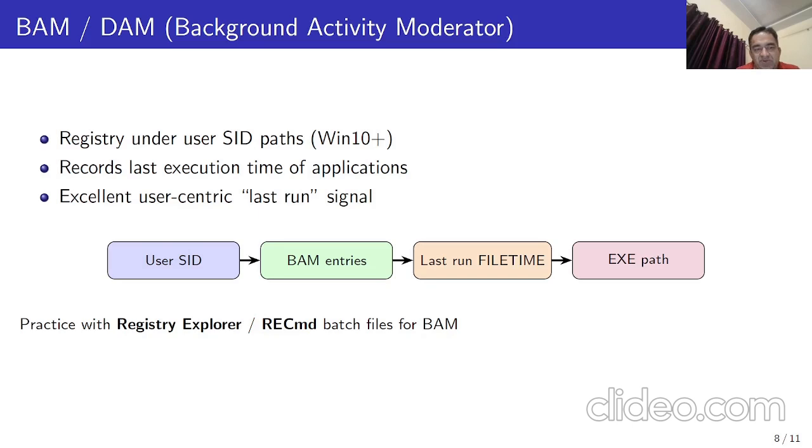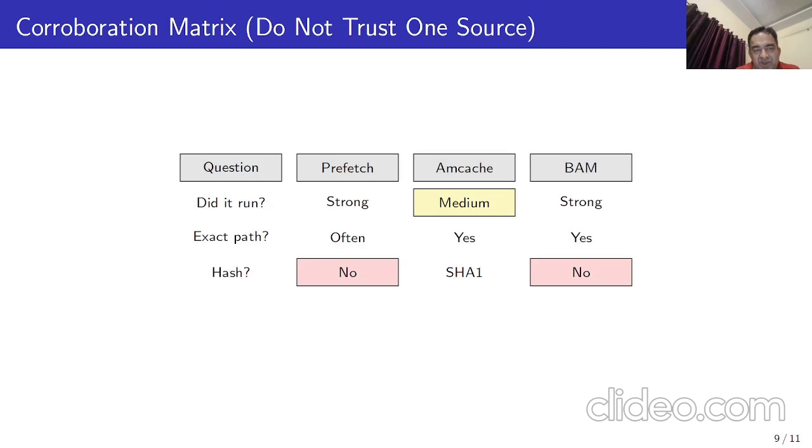I'm not showing the execution scenario using BAM and other tools now, but later we'll do this practice. Here the correlation matrix teaches us not to trust any single source. Prefetch and BAM are strong for whether it ran. Amcache is best for hash and path. Prefetch lacks hash. BAM lacks hash.